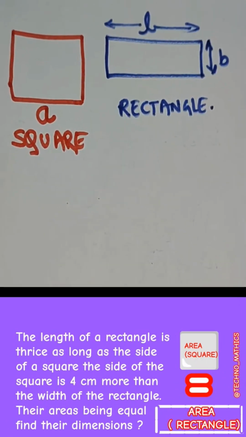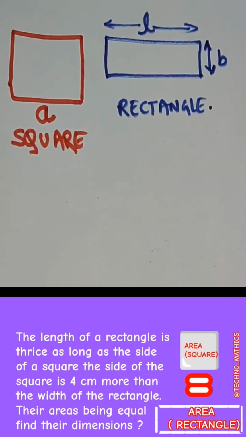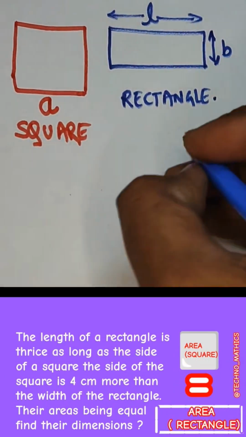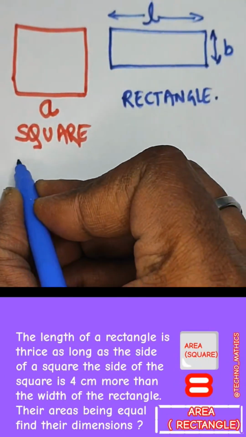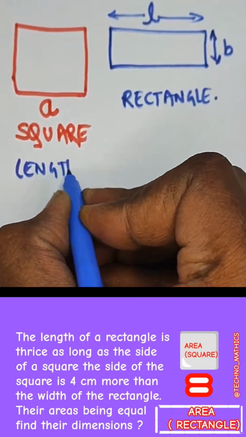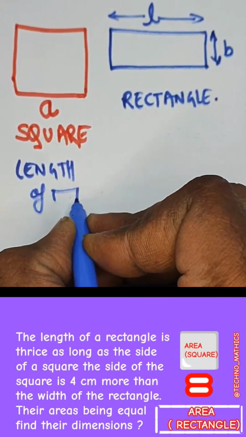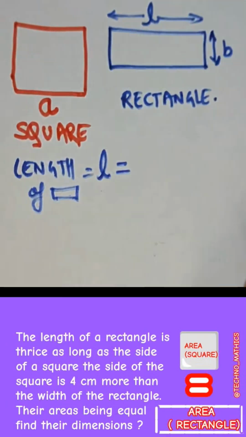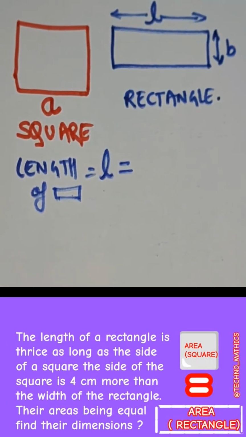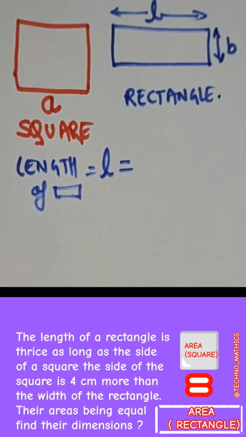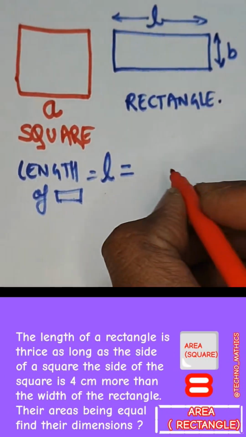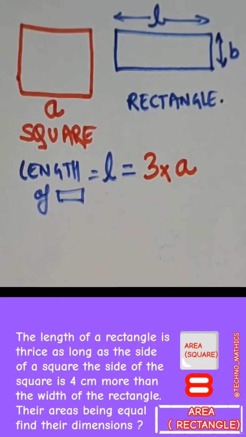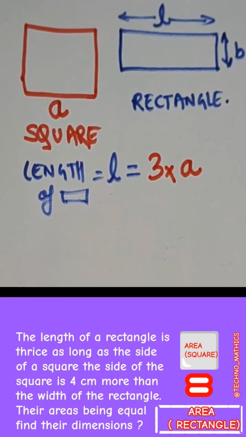So the length of the rectangle is L, and this L is thrice as long as the side of the square. So this is equal to 3 times the side of the square. This relation is given to you, my dear friends.